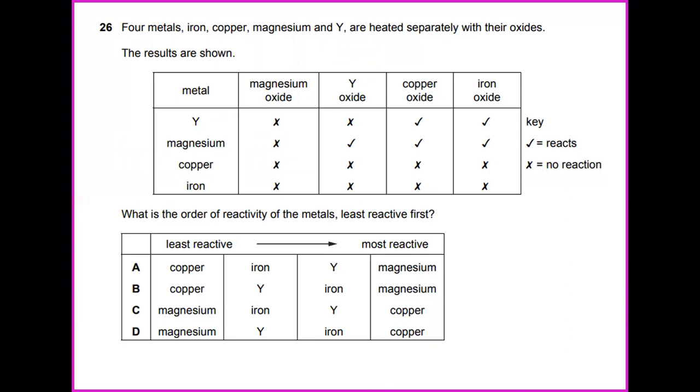So this question asks for the order of reactivity of the metals from the least reactive to the most reactive. From the results, we have copper as the least reactive, followed by iron, then Y, and followed by magnesium. So the answer will be A.